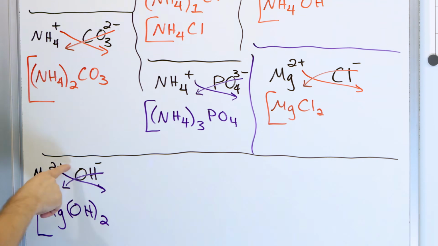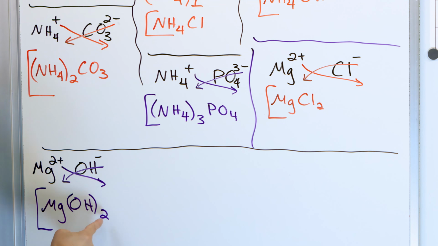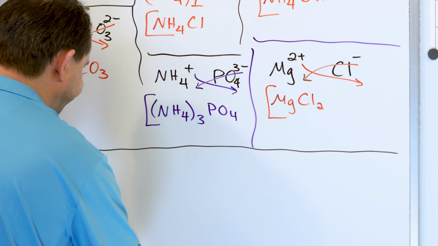But in this case, because the subscript was a 2, I needed to wrap it in parentheses to show that I have 2 hydroxide ions bonded to a single magnesium. Remember, if magnesium has a charge of +2, then I need 2 of these hydroxides, each of them having a charge of -1, in order to neutralize this thing. That's what an ionic compound is going to do.